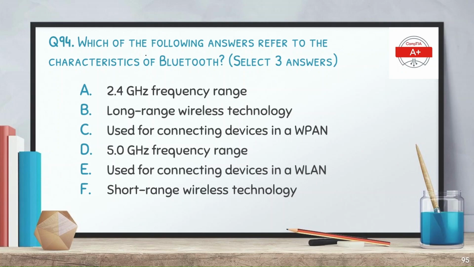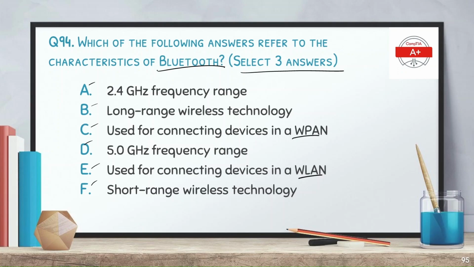Question number 94 is that which of the following answers refer to the characteristics of Bluetooth? We have to select three answers and let's go through the options. Option A is 2.5 gigahertz frequency range, B long range wireless technology, C used for connecting devices in a WPAN, D 5 gigahertz frequency range, E used for connecting devices in a wireless LAN, and F short range wireless technology.